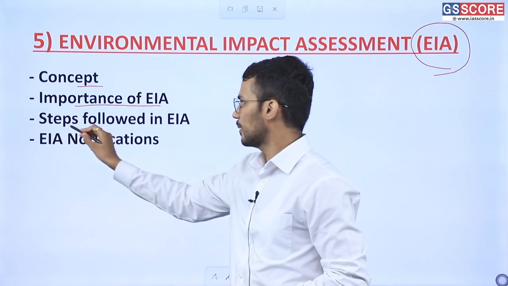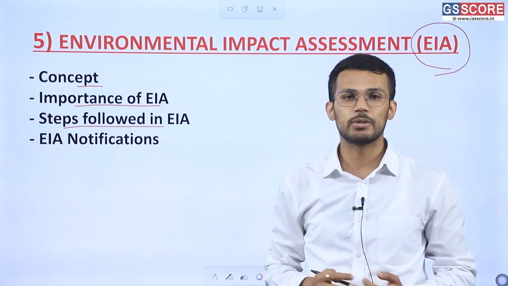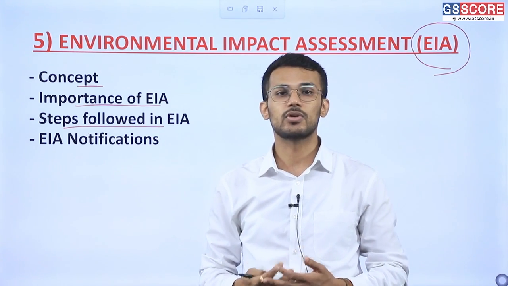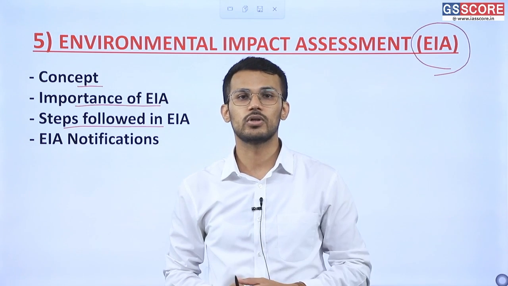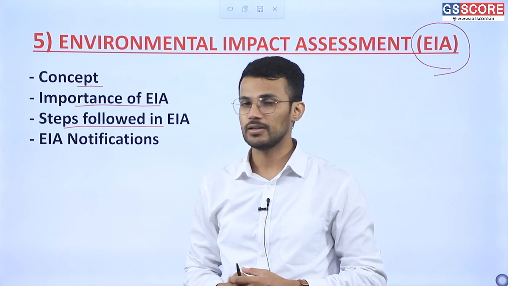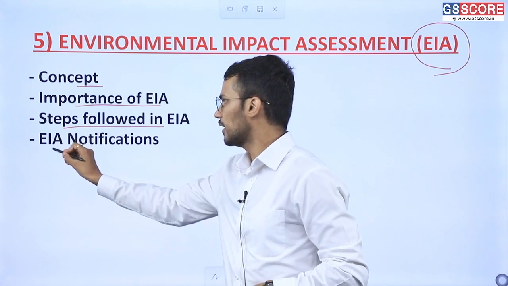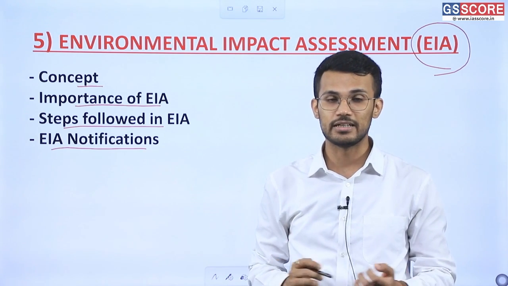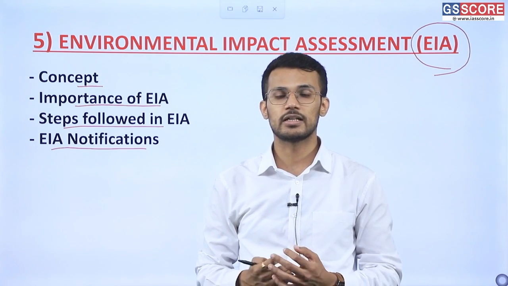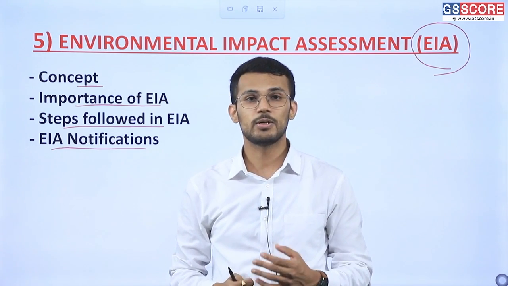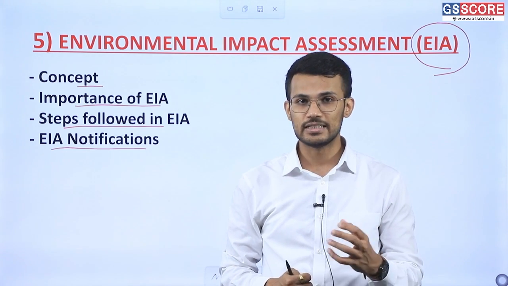Then the steps followed to carry out environmental impact assessment. So there are a number of steps followed to carry out environmental impact assessment. And finally, EIA notifications published in India. So EIA notifications are given in India under the Environment Protection Act 1986.